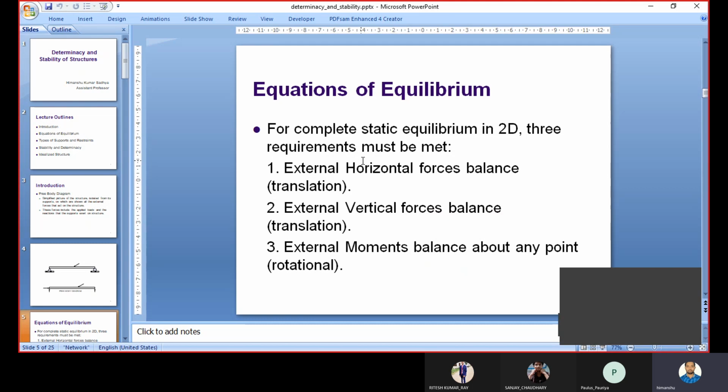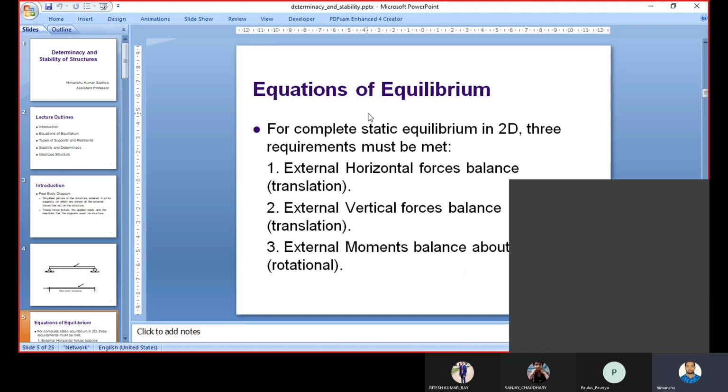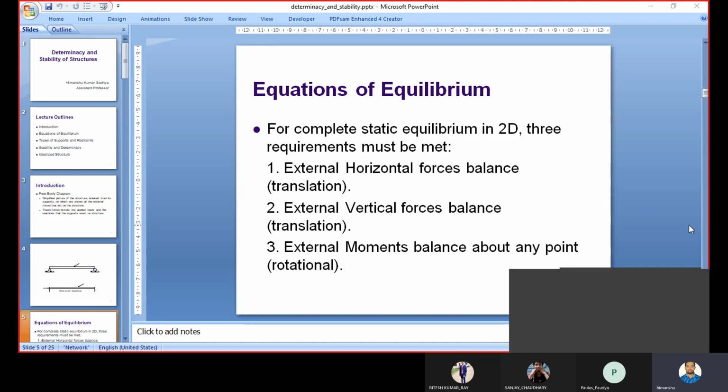Then what are the equations of equilibrium? For simplification purposes, we must know that there are three dimensions in which we can move. One is the vertical direction, one is the horizontal direction.